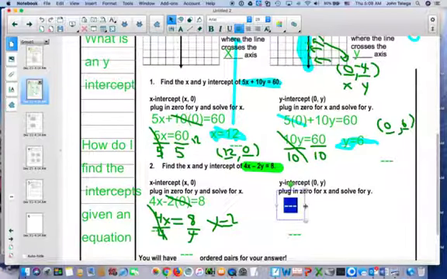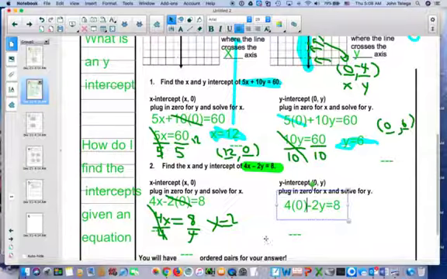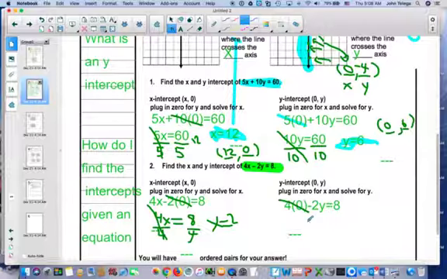Okay? Over here, we're going to go 4x minus 2y equals 8. And then this time, we're going to zero out the x. So I'm going to multiply by 0. And then what happens is, of course, this goes away, right? And that leaves us with negative 2y. Don't forget the negatives, right? They're always sitting there, and you got to get them.